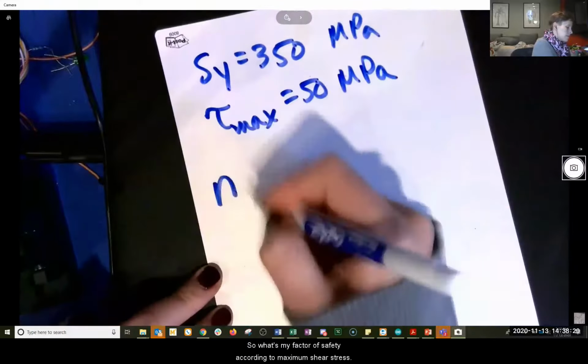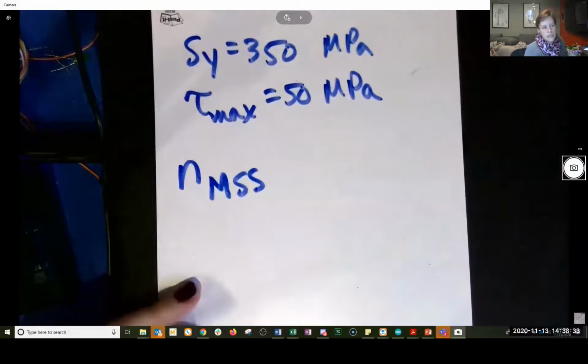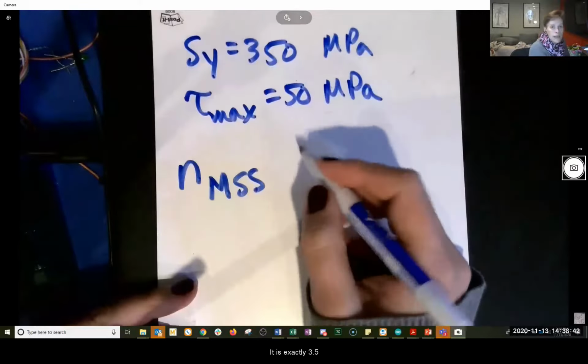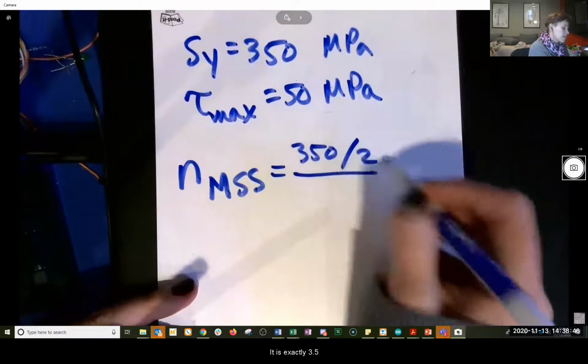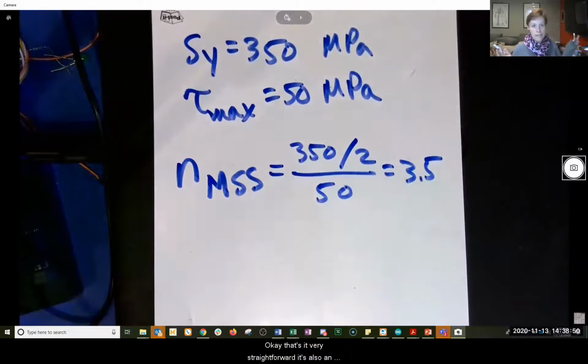So what's my factor of safety according to maximum shear stress theory? Is it 3.5? It is exactly 3.5 because we're going to take 350 over 2 divided by 50, right? Exactly. Okay, so that's it. It's very straightforward.